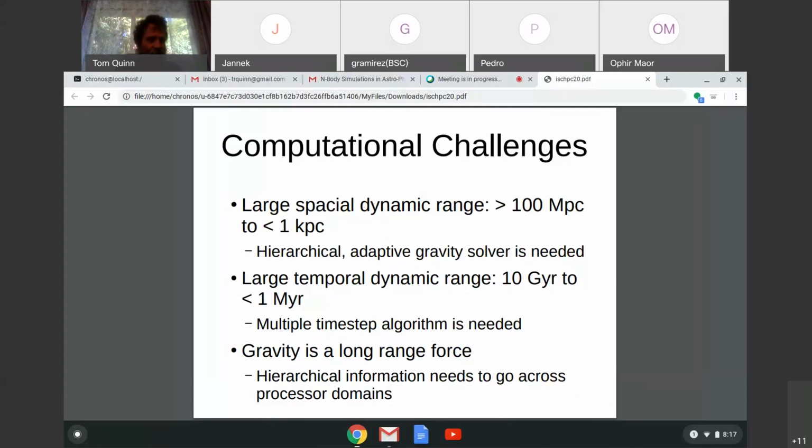There's a little bit of approximations that need to be made, which I won't talk about in this talk. But the point is that gravity being long range means that your calculation is very interconnected. And in terms of parallel computing, you need to get information about gravitational forces across your processor domains.